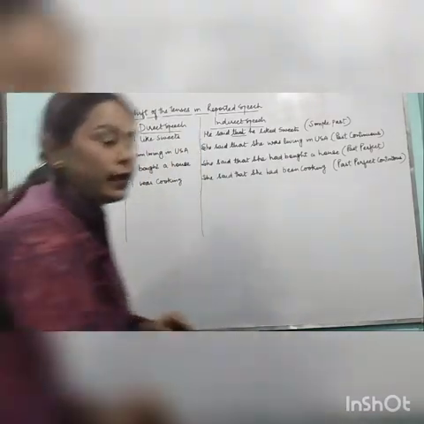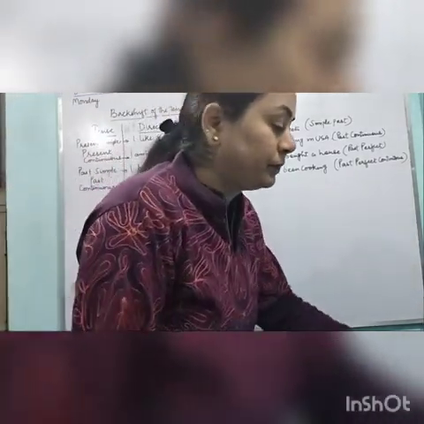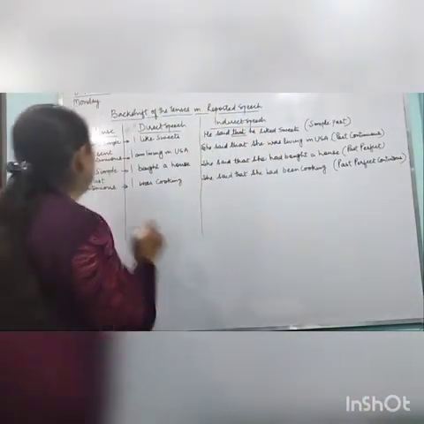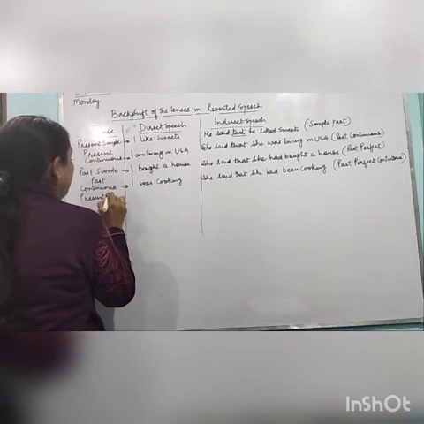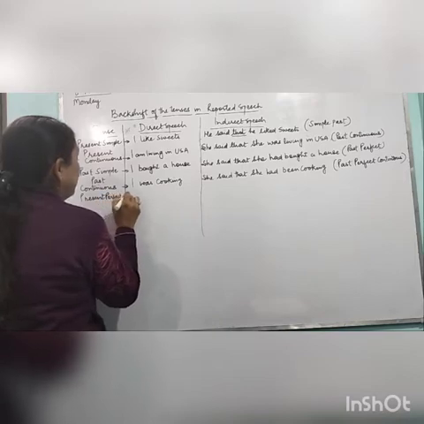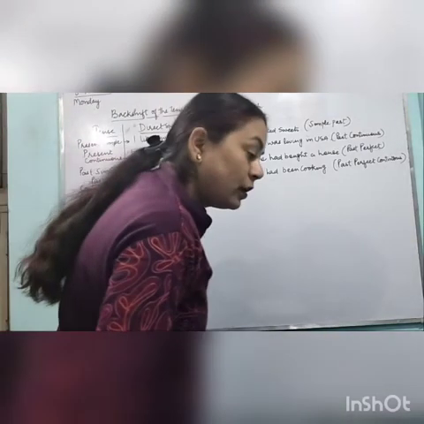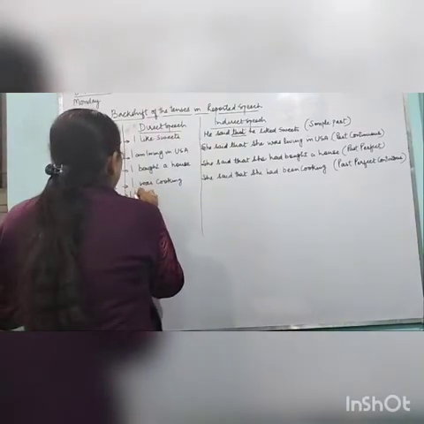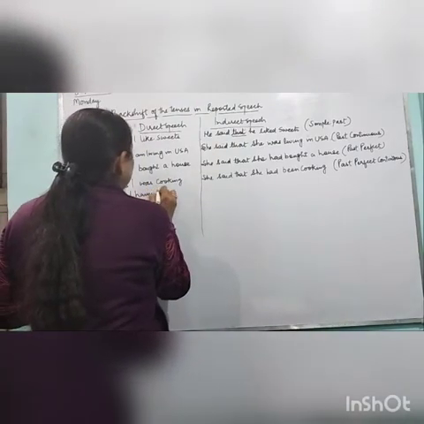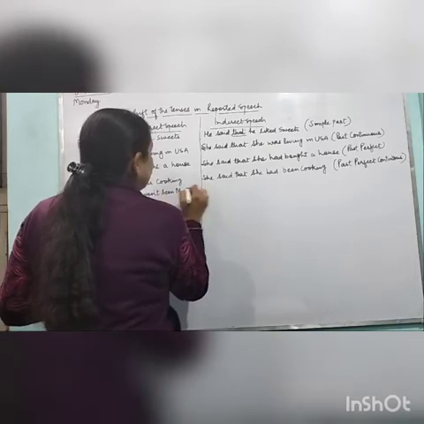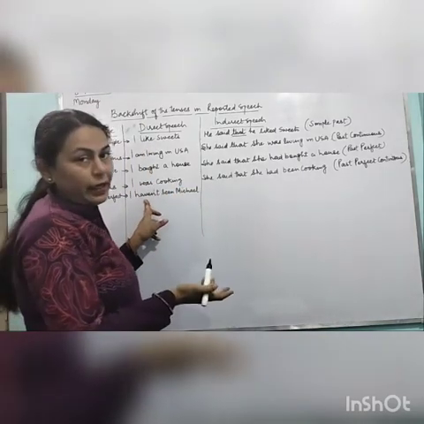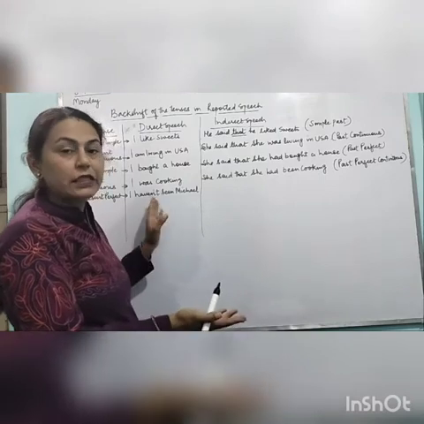Now we come to the next level. Now it is present perfect. अब present perfect में है I haven't seen Michael. I haven't seen Michael. Negative में है have not, has not, have not. It is present.